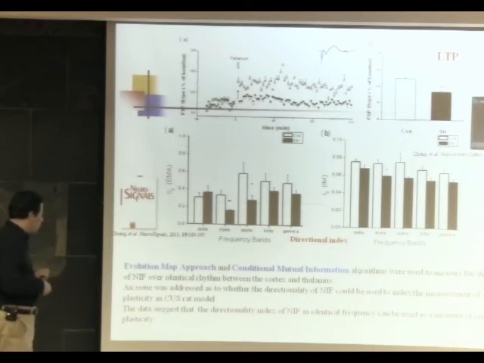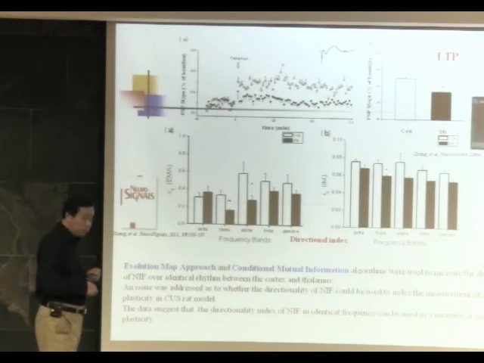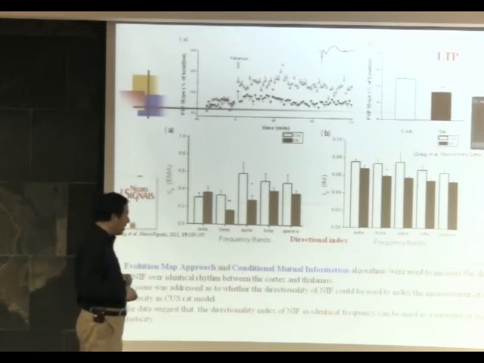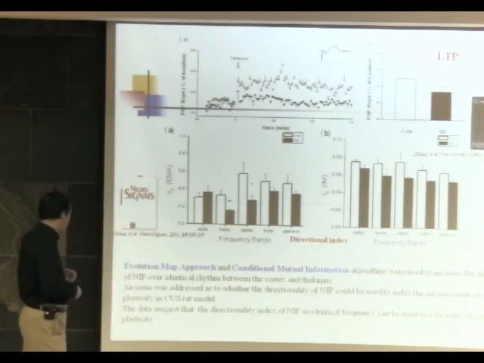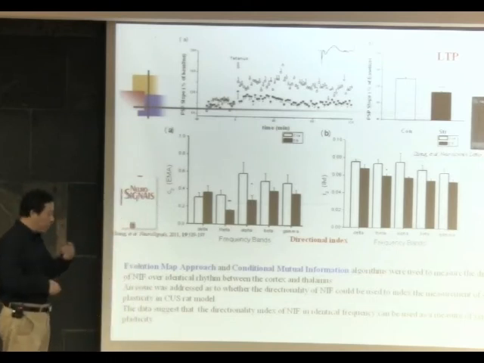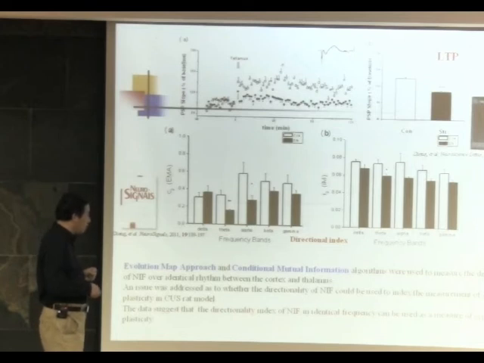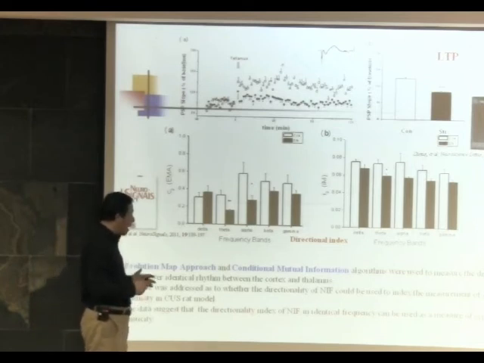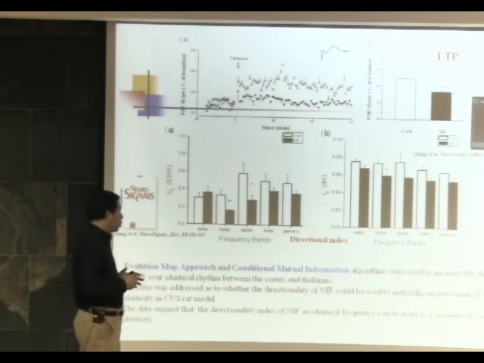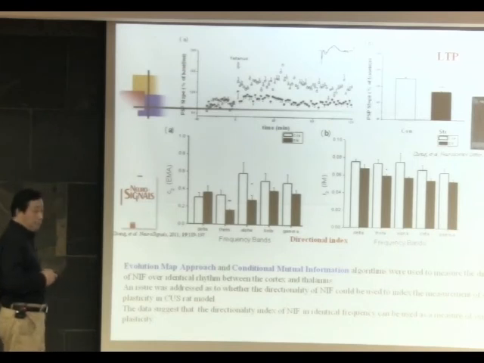An issue was addressed as to whether the directionality of neural information flow could be used to index the measurement of synaptic plasticity in CUS depression rats. The data suggest that the directionality index of neural information flow in identical frequency can be used to measure synaptic plasticity. Excuse me, I am a little bit lost.